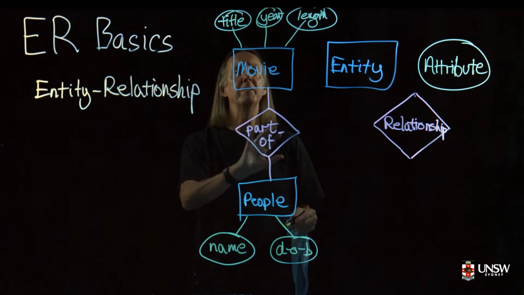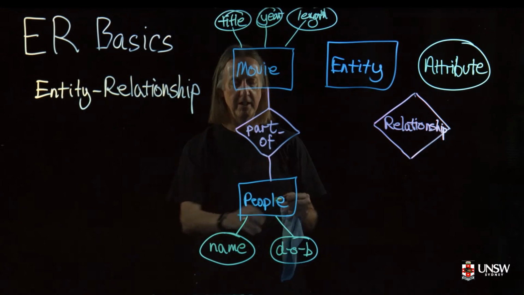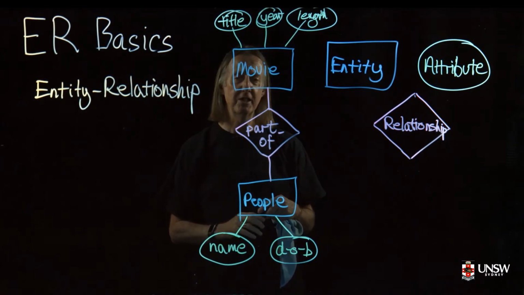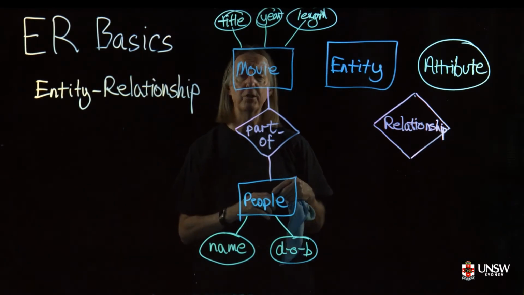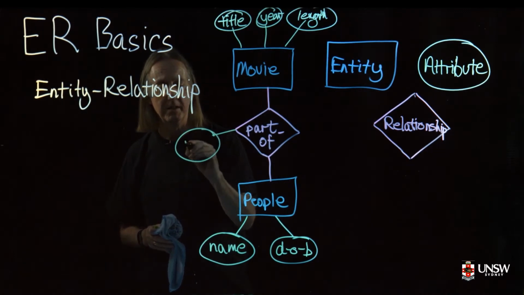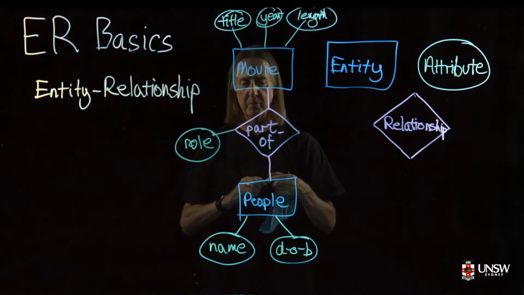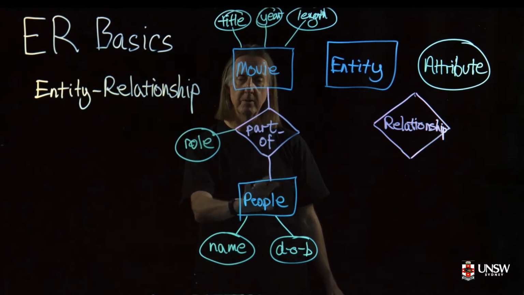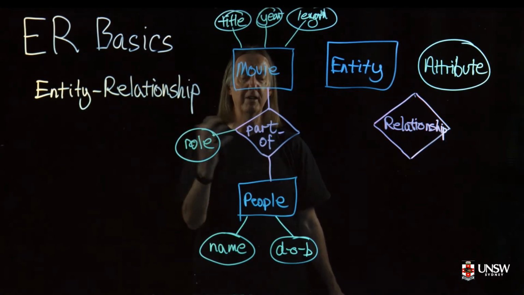So some kind of obvious things, we've got our things, and we've got the characteristics associated with those things. One less obvious thing is that sometimes relationships also have characteristics associated with them. And we saw from that previous example that one thing we were going to indicate is what role a particular person plays in a particular movie. If you think about that, it can't be a property of the person, because the person may have a number of roles, like Clint Eastwood is an actor and a director.